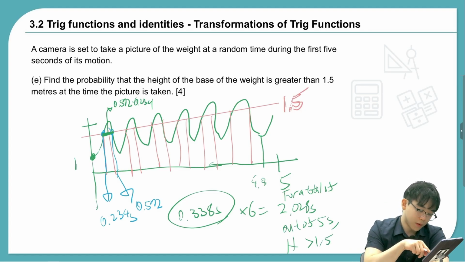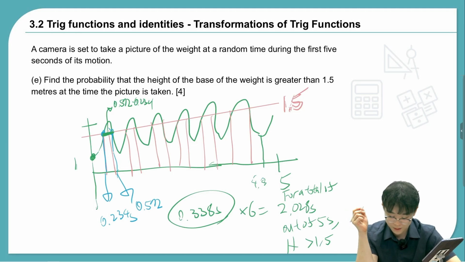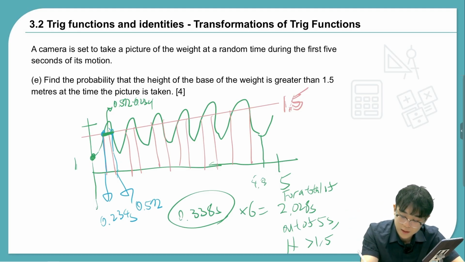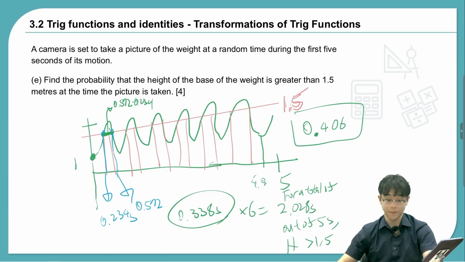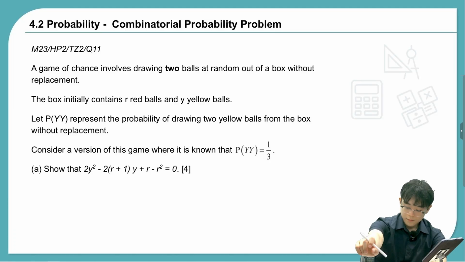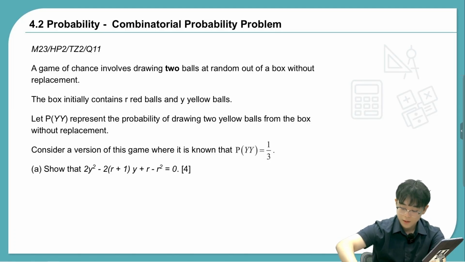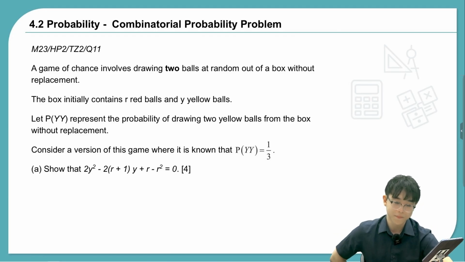So 2.028 divided by 5 gives you 0.4056. So the probability is going to be around 0.406. Okay, so that's going to be your probability. Yeah, so this is during the first 5 seconds, not the first 10 seconds. So yeah, that is correct.